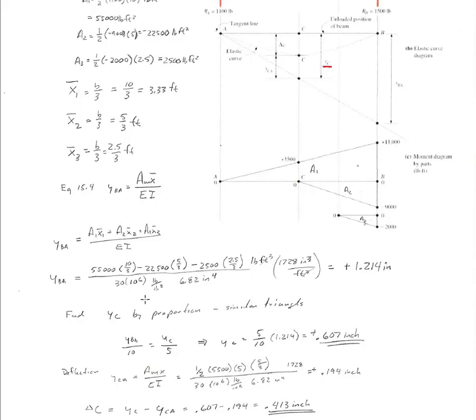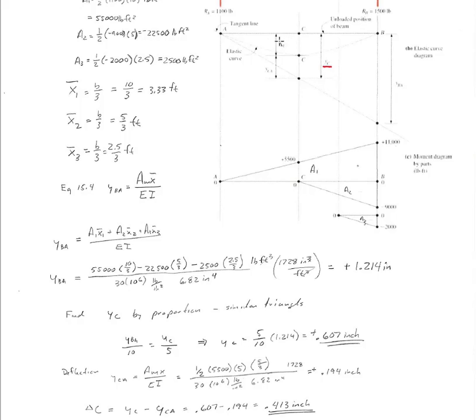Then what we're going to do is find this YC by proportion, similar triangles. Okay, because this is the YBA, and then this is the YC. Now please note that this is not our deflection. The YC is the distance from the unbent beam to the point where this tangent line intersects the beam at point C. That's what YC is.